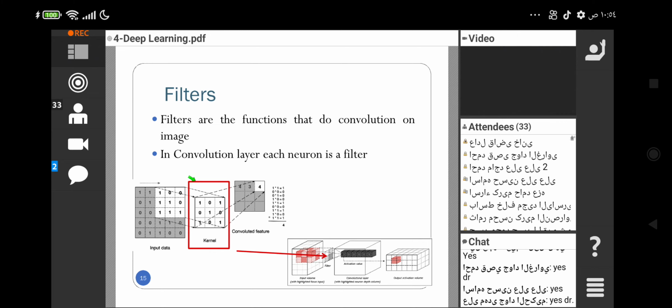For example, here I have a filter with the size 3 by 3. It has 9 values inside it. So this is very important: each neuron in the convolution layer is a filter or a kernel.